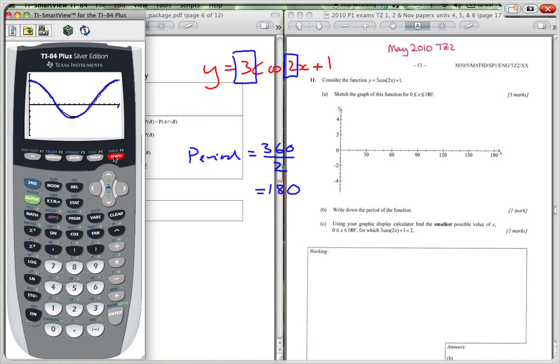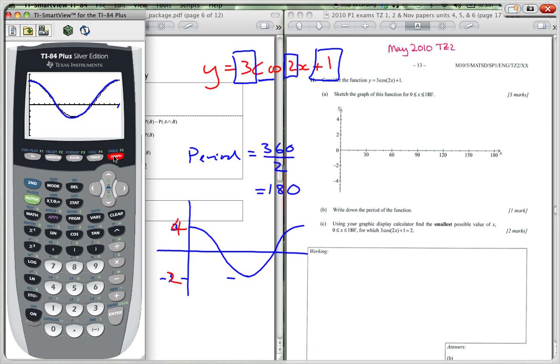But now it's a matter of positioning my graph, because we've got the plus 1 over here. That plus 1 is going to shift your whole graph up. Because I've got a cosine graph, I've got something like this shape. If I had no plus 1, then this would go from 3 to -3. But because I've got a plus 1, it's adding 1 to everything. So this will make it go to 4 and -2.